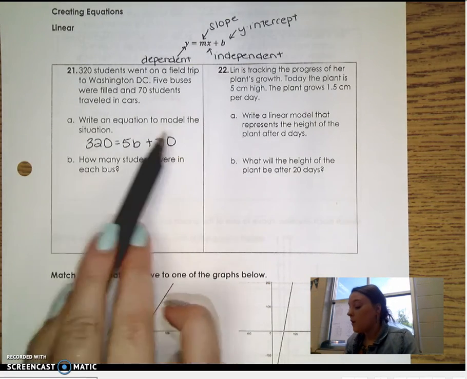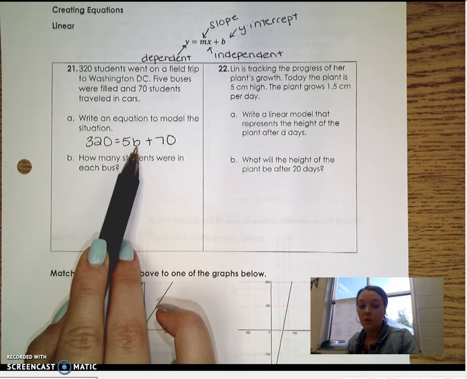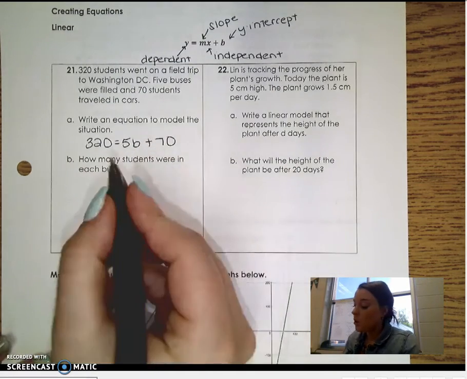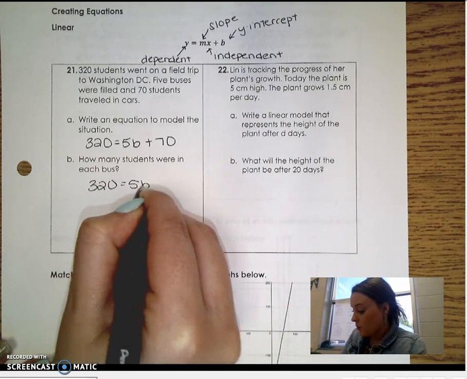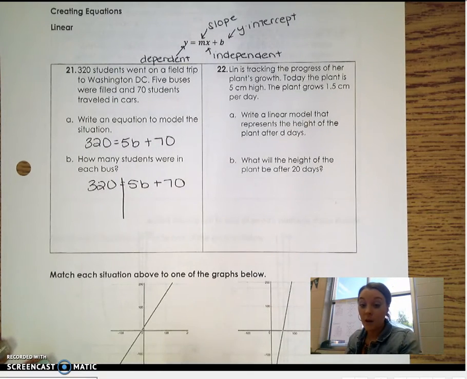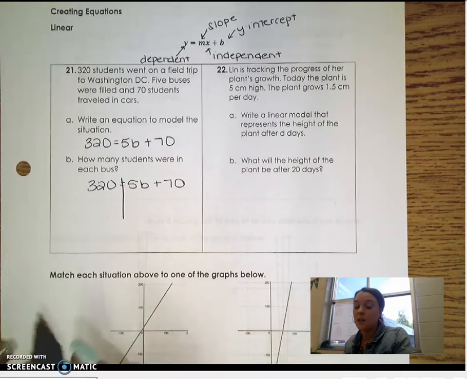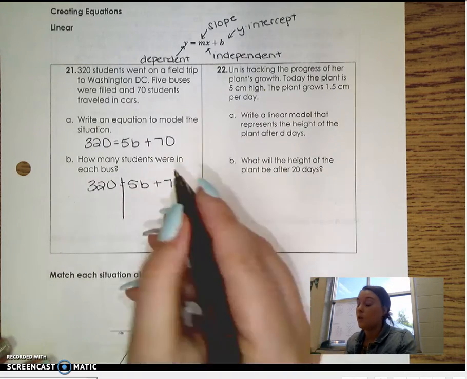Once you have your equation, they ask how many students were in each bus. So they want you to solve for b. We could say that 320 equals 5b plus 70, and I want to get b by itself. We talked about solving equations in the first packet, so if you forgot about solving equations, you need to go back and watch that.